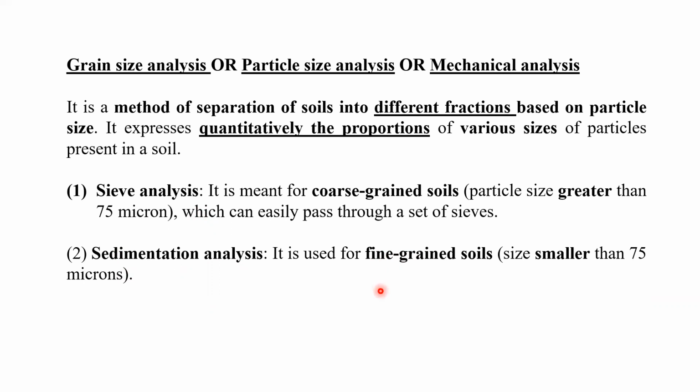That method is called the hydrometer method or the pipette method of mechanical analysis. But today we are going to talk about sieve analysis, that means particles having sizes more than 75 micron.